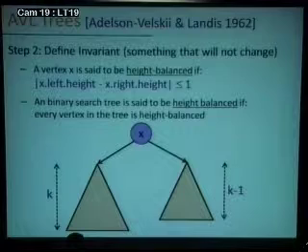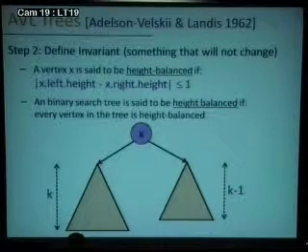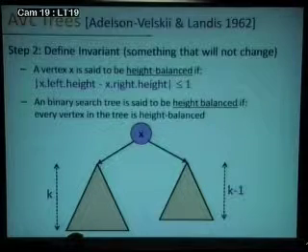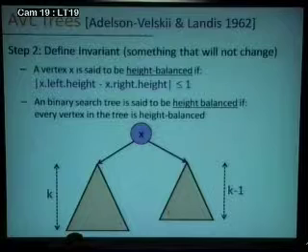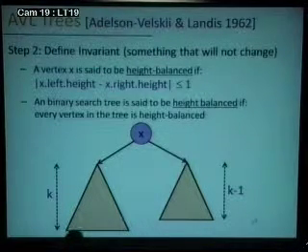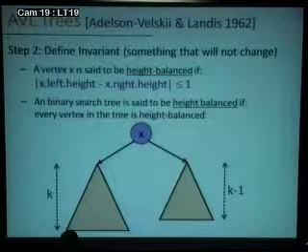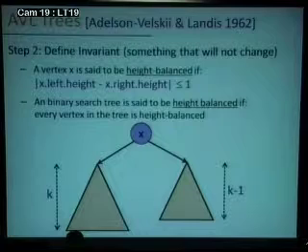Okay. So this is a pictorial diagram. If I am a tree rooted at X, I have a left subtree. The height of my left subtree is K. My right subtree can only be K minus 1, or also K, or K plus 1. Cannot be K plus 2. Cannot be K plus 5. Cannot.